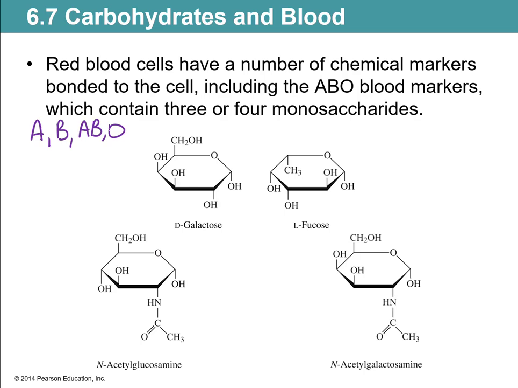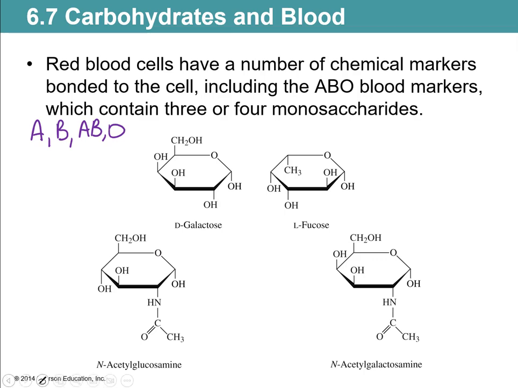One's called fucose; notice that carbon 6 doesn't have an alcohol group on it. There's N-acetyl galactosamine, which has a strange nitrogen group, like an amide on the end. And N-acetyl glucosamine is like a glucose with a little amide on there as well. Those are the 4 sugars.